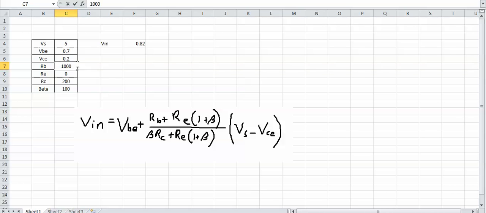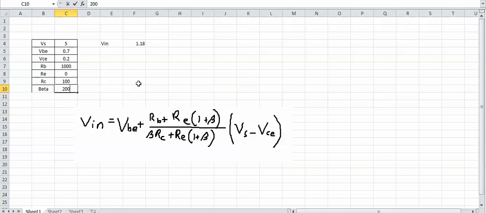So if we set this to 1000, that will increase the voltage required to saturate that transistor. And it's interesting that the lower the resistor at the collector, it also increases the voltage required to saturate the transistor.